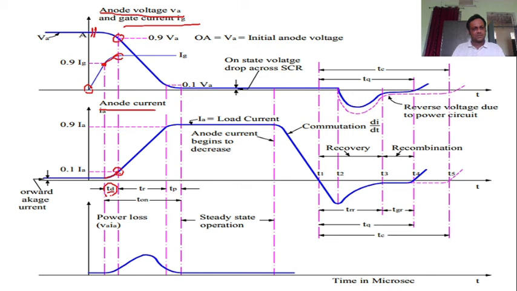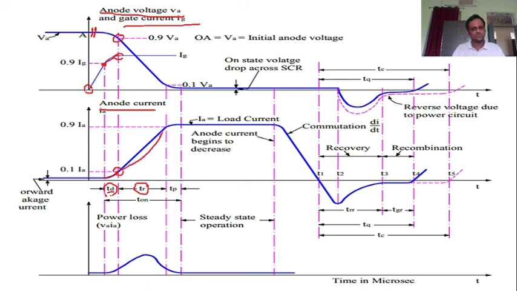Okay. So from 10% to 90% of the anode current, or 90% anode voltage to 10% of the anode voltage, you will have the rise time. This is called the rise time.